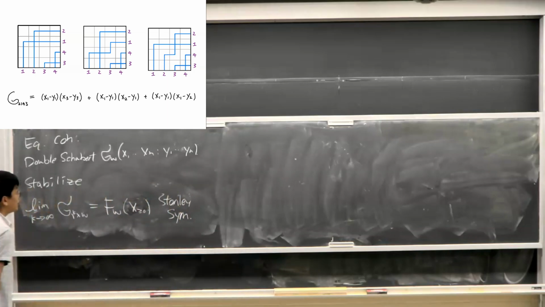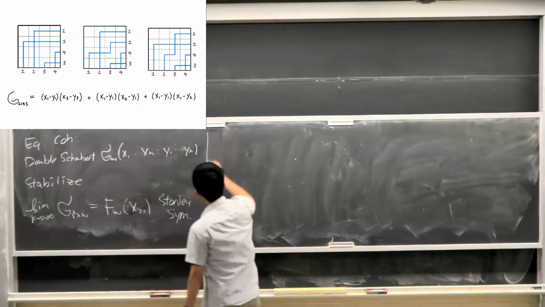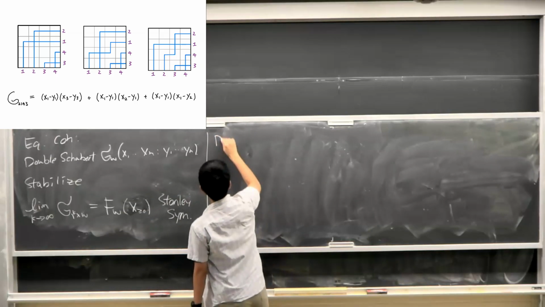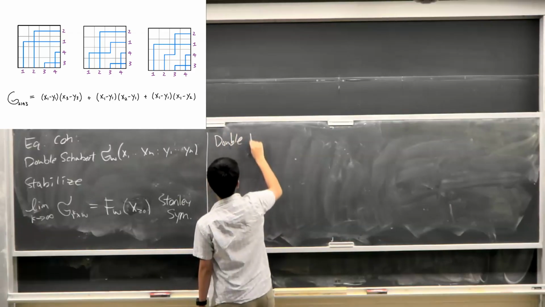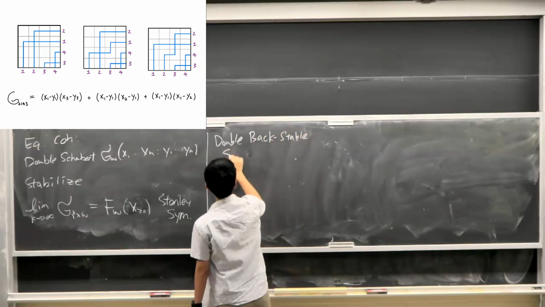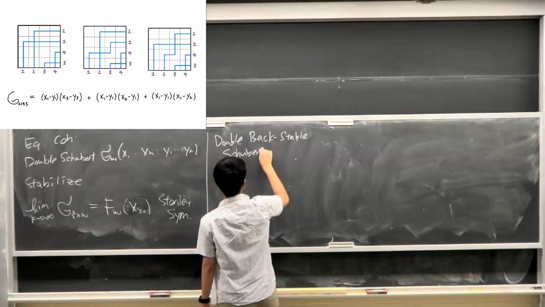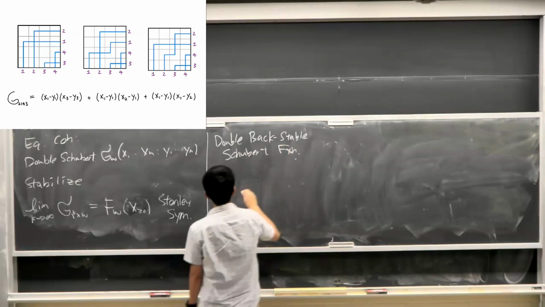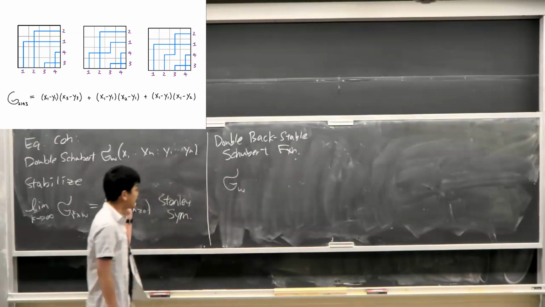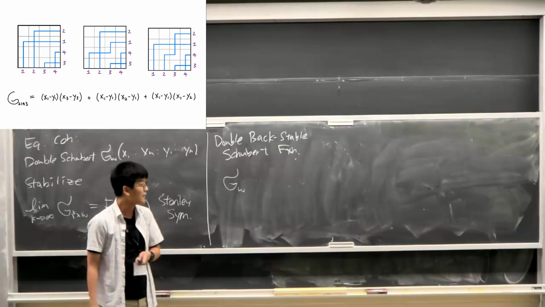Now I want to combine these two deformations to obtain what are called double back stable Schubert functions. These Schuberts will be labeled by a permutation, but now instead of S_n, this labeling permutation will be in S_Z.